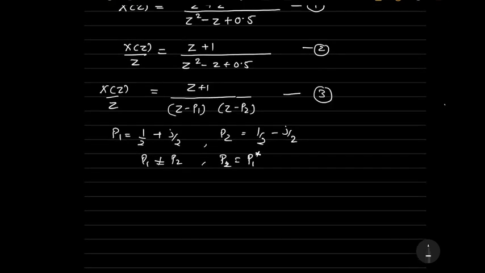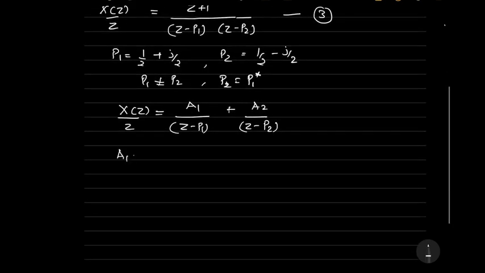Now, by the partial fraction expansion method, we expand this function X(z)/z equal to a1 upon (z - p1) plus a2 upon (z - p2). In order to find the value of a1, we multiply X(z)/z by (z - p1) and set z equal to p1.